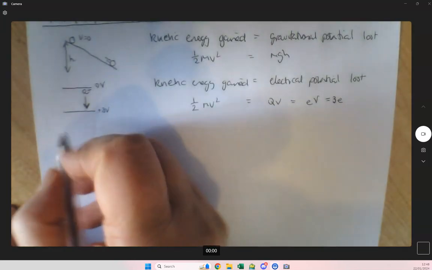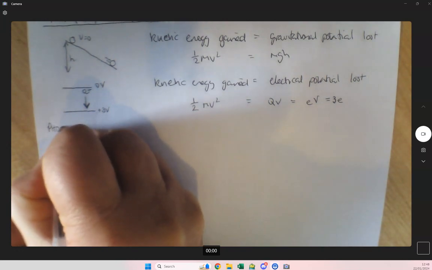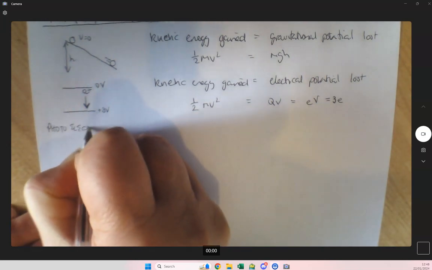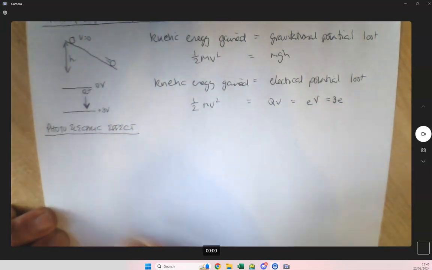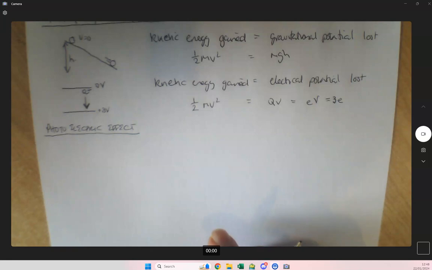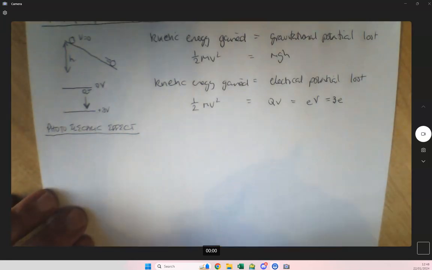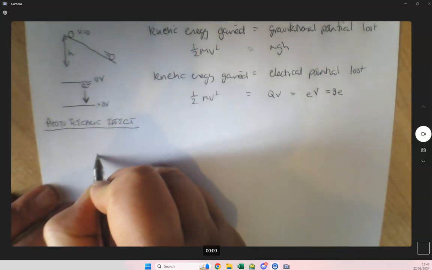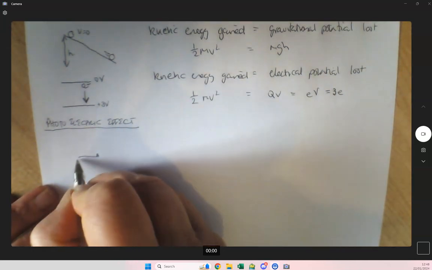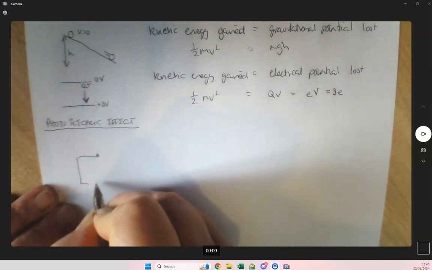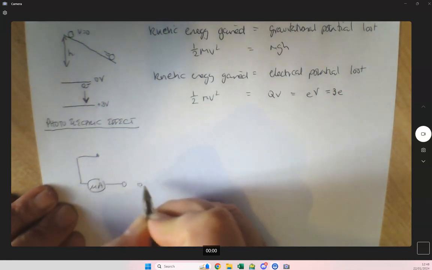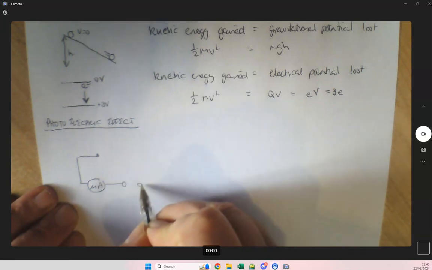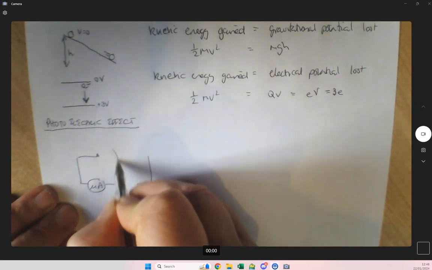So let's look specifically at the photoelectric effect. What we're going to do is put it in a circuit so we can investigate it just a little bit more. So I'm going to have a basic circuit that goes around. I need to measure the current, so I'll have a microammeter, I'll have a power supply, and I will take that back around over here.